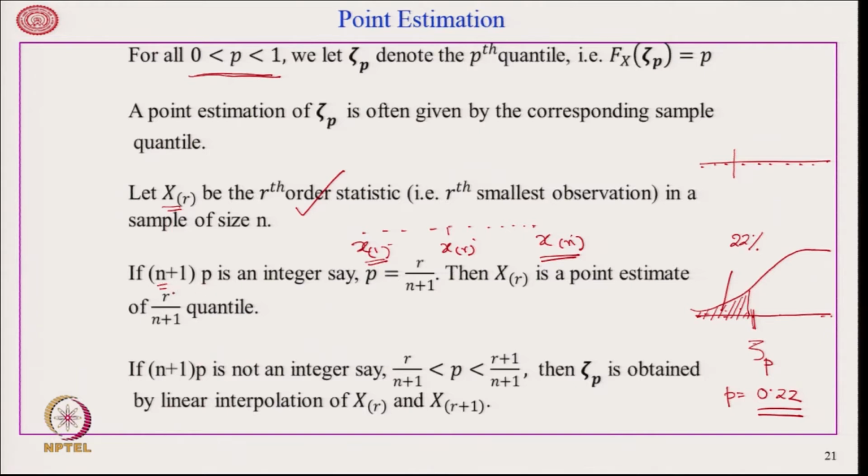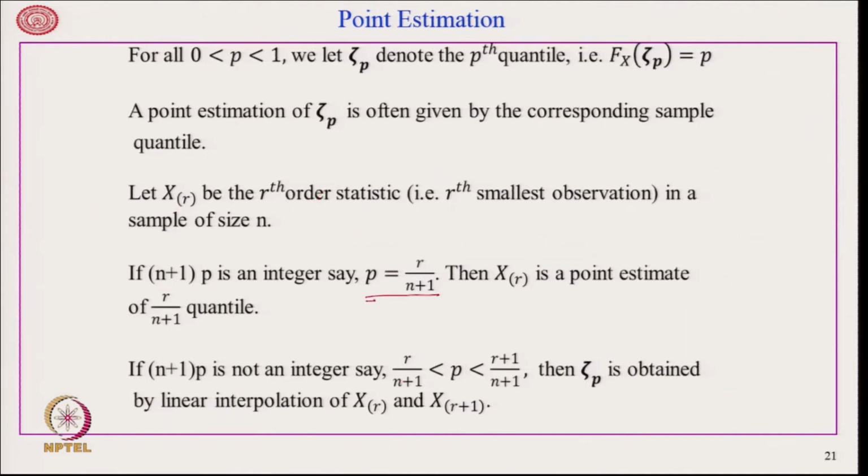If n plus 1 times p is an integer, that is p is equal to r upon n plus 1, then x r is the point estimate of the r by n plus 1th quantile.